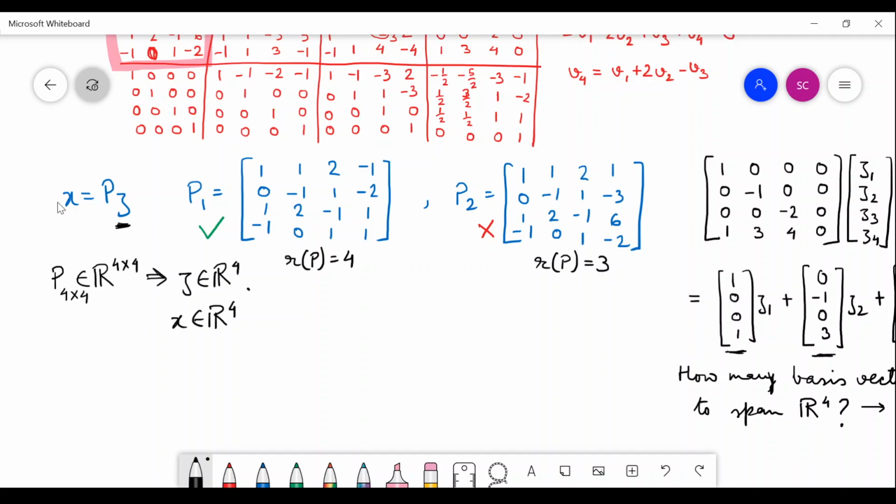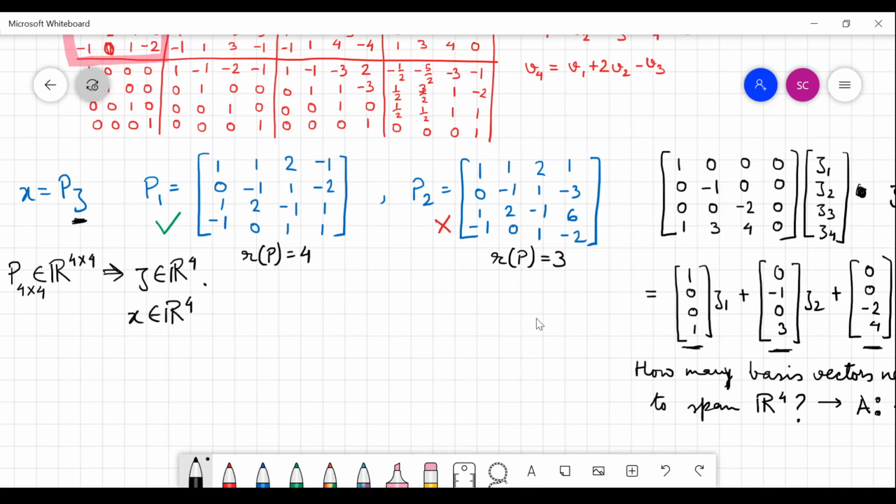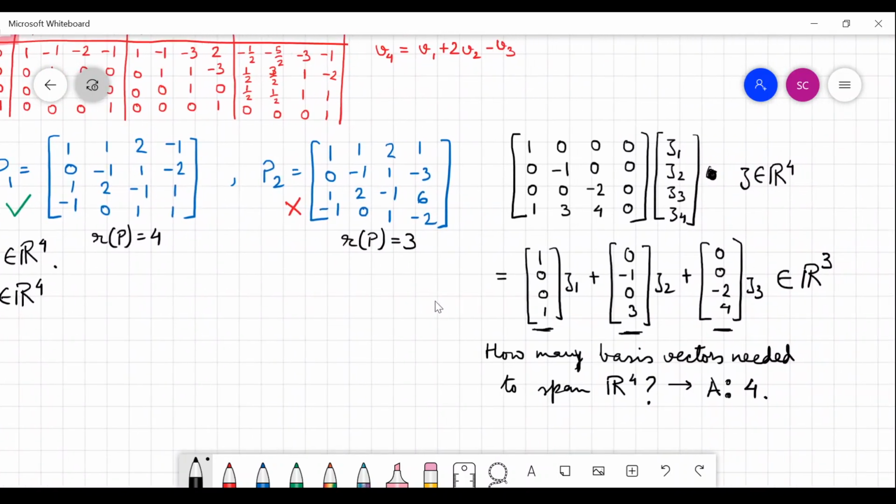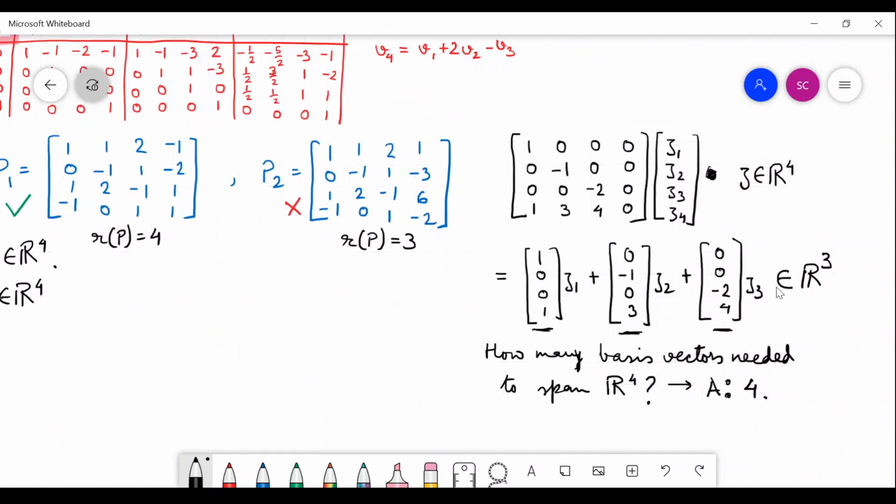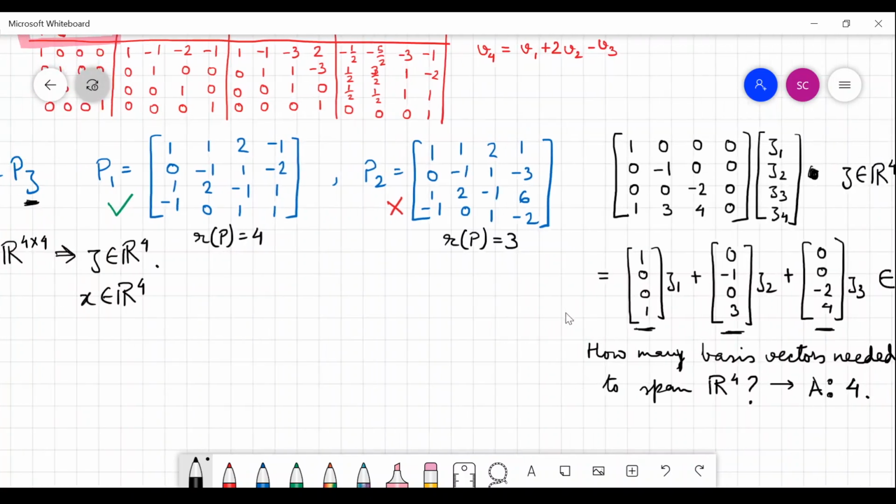So when we are doing the similarity transformation, that is the reason why we have to ensure that the matrix is non-singular, the matrix is invertible. Basically what we are ensuring is that the column vectors of the matrix are all independent of each other, so that we are able to go to a range space which is of the same dimension as the original space.